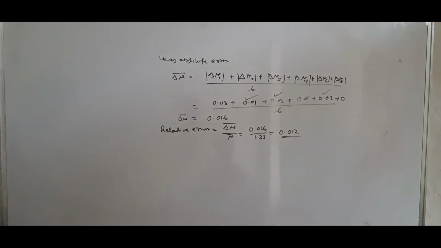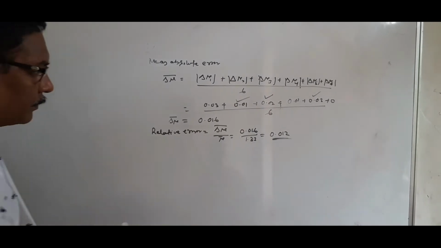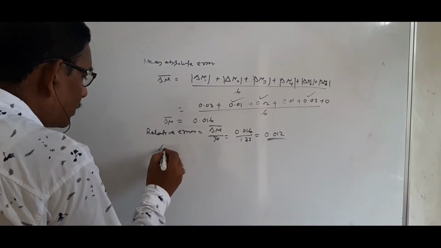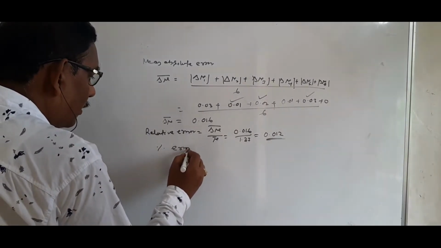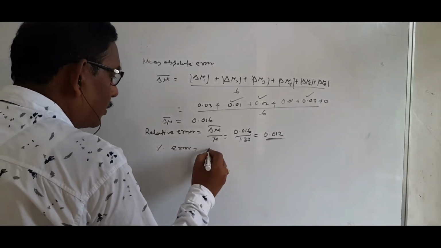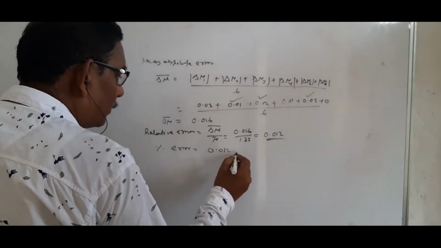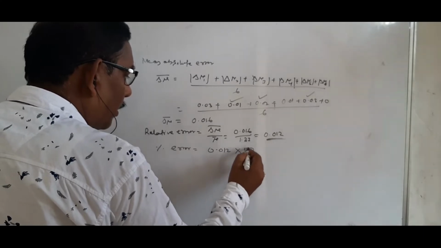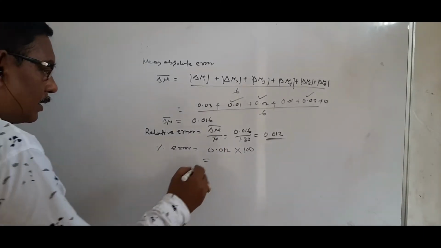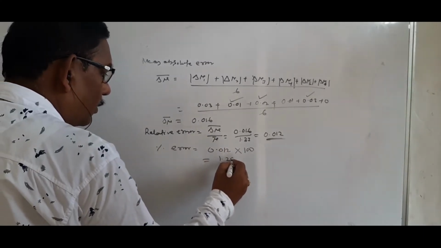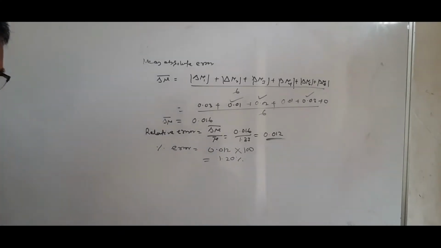Now come to the percentage error. Percentage error is 0.012 into 100%. This is 1.20%. Clear?